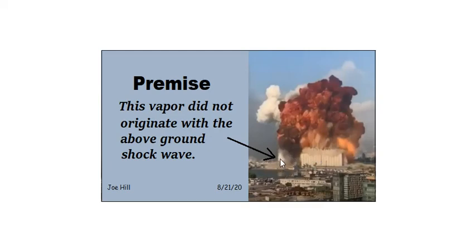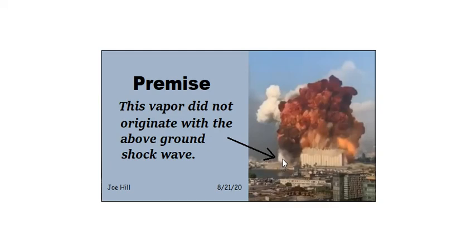This video will also locate, we're going to get real close on the location of where this is at. But this appeared before the shock wave hit it. Now, in an explosion, the only source of vapor is from the shock wave itself.